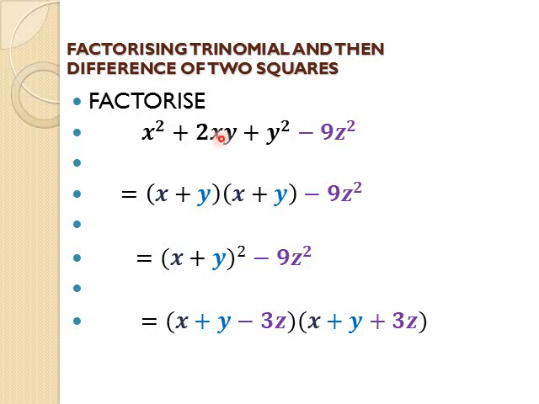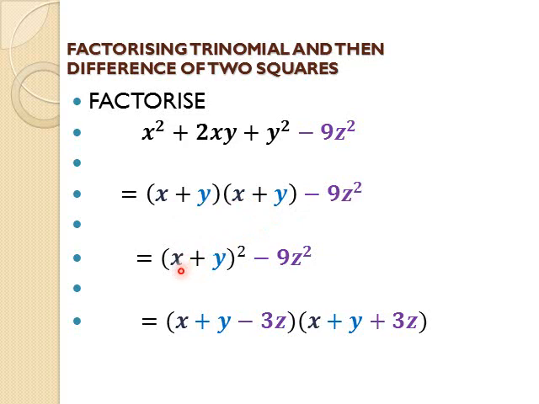The middle term has x and y, so that shows me that this is a trinomial because they have x squared and they have y squared. So x squared is simply x times x, y squared is simply y times y. If I multiply, xy plus xy gives me 2xy.